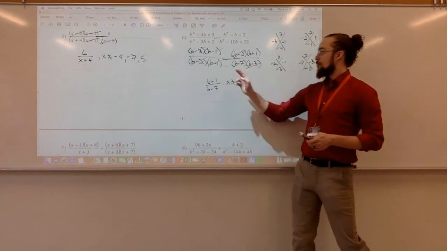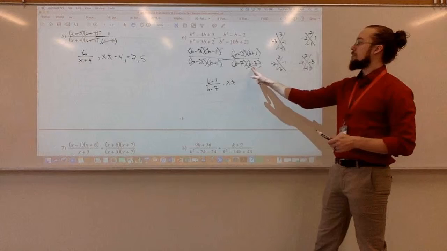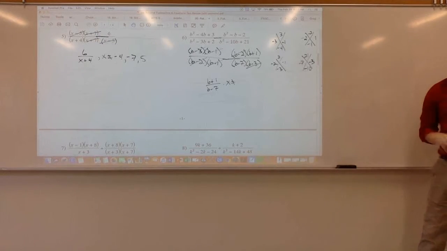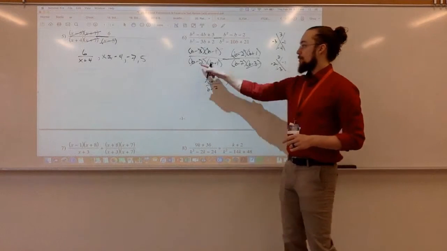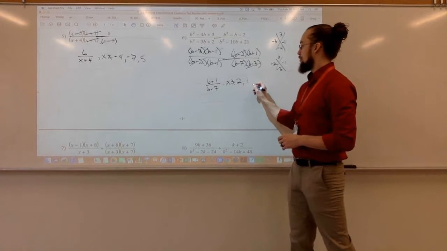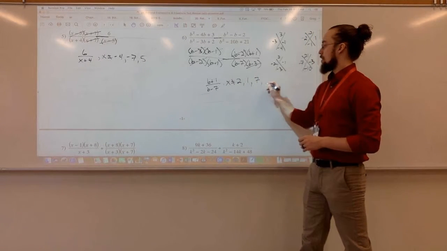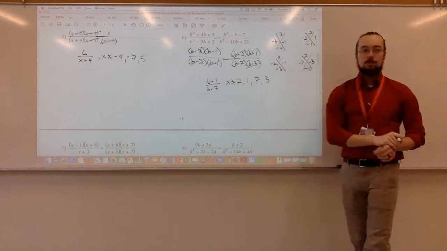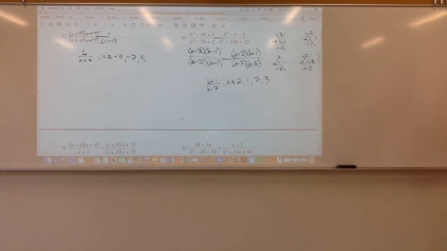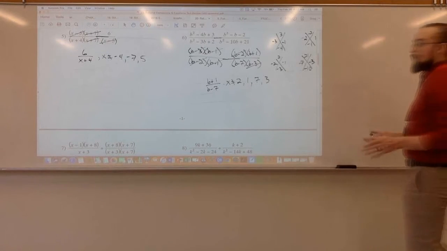Restrictions come from every factor in the denominator. So I would get positive 2, positive 1, positive 7, positive 3. I have 4 restrictions for this one. Alright. We okay with this one?